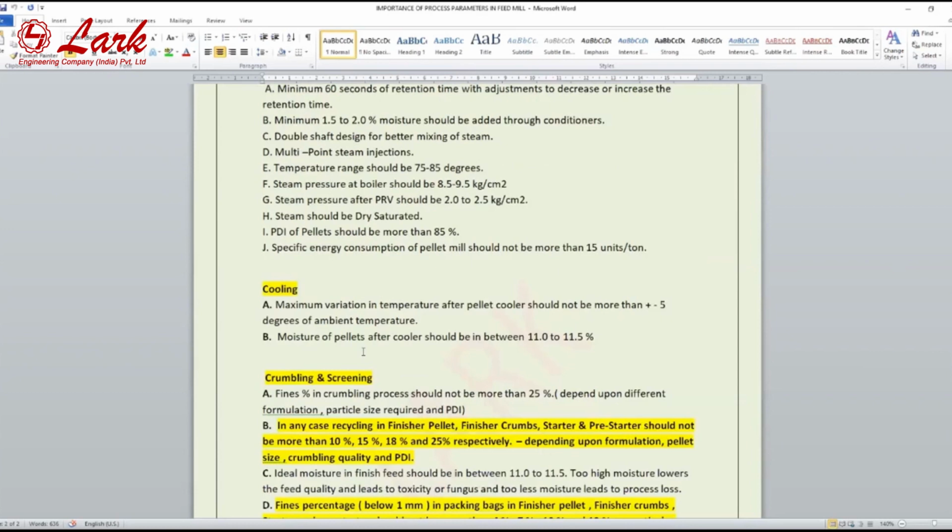कूलिंग में सबसे बड़ा हमारा एक चैलेंज है, that is shrinkage.